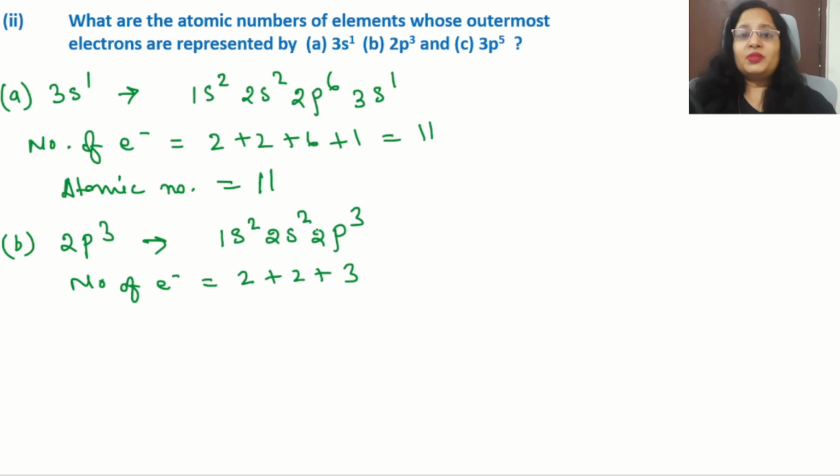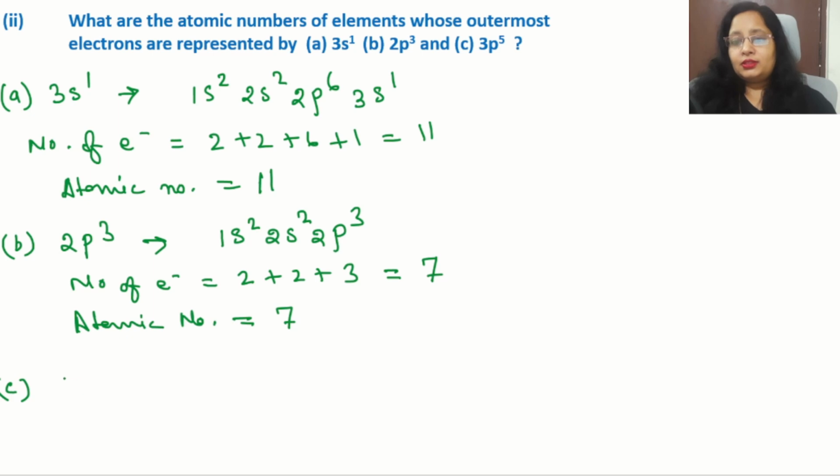Then 2s2 means in the 2s subshell 2 electrons are given, and 2p3 means in the 2p subshell 3 electrons are there. So we'll count the number of electrons like this. So the total is 7 electrons. So we can write atomic number of this element is 7. Clear? Come up to the C part.